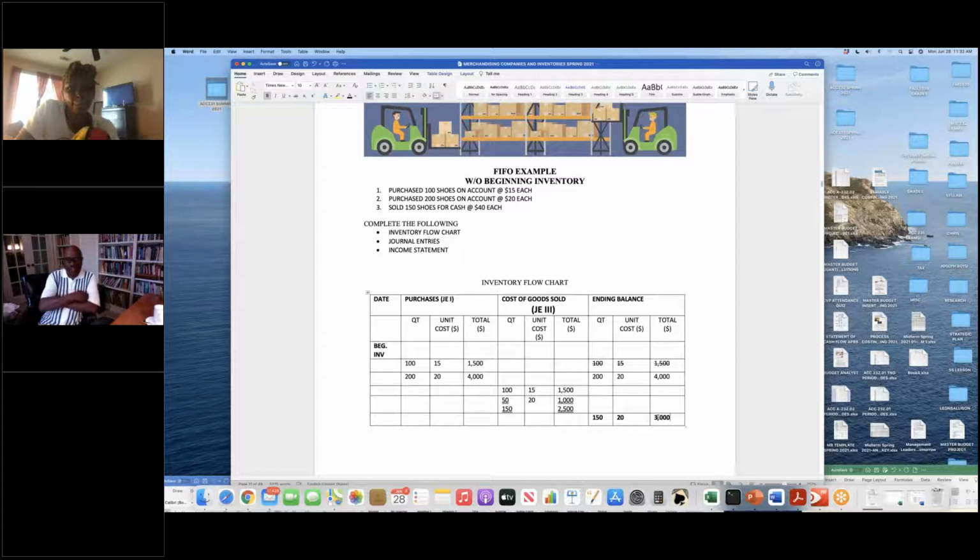So I've introduced the chart to you so that when we work with multiple transactions, you have a way to keep track of your purchases and sales in an organized way. If it's just one transaction, it's not as critical. But when we have lots of transactions, then we have to do this. Okay?